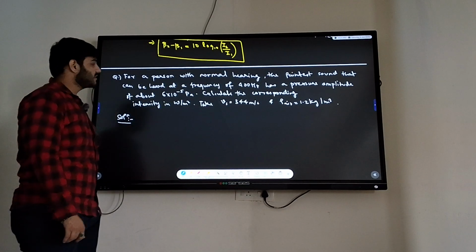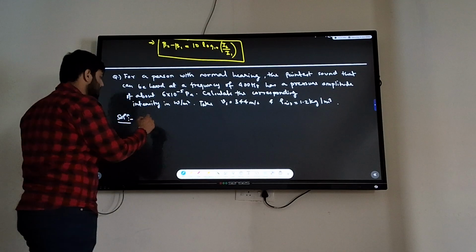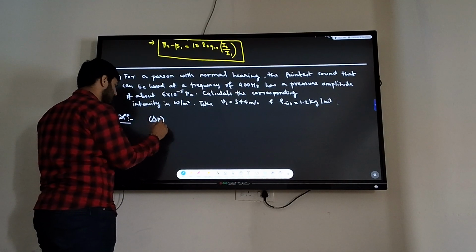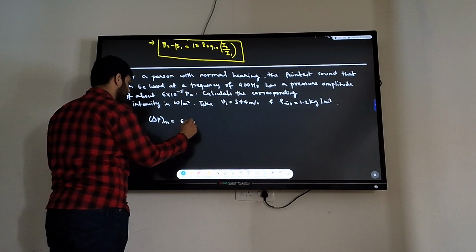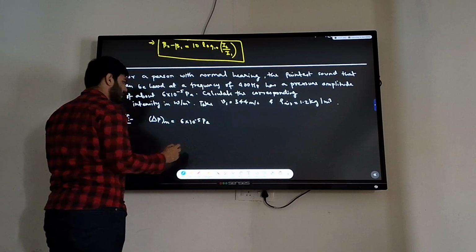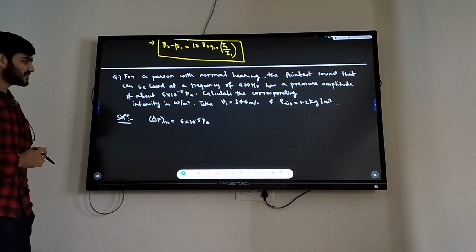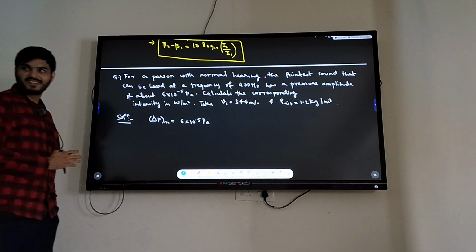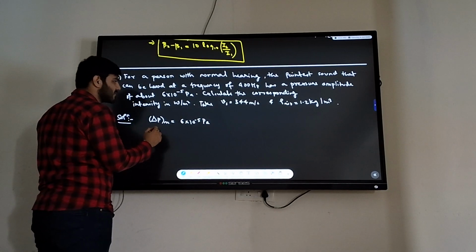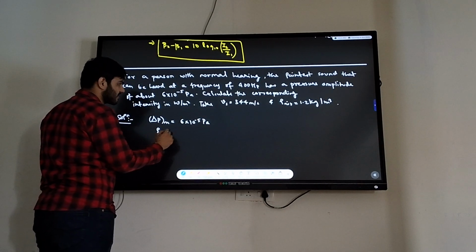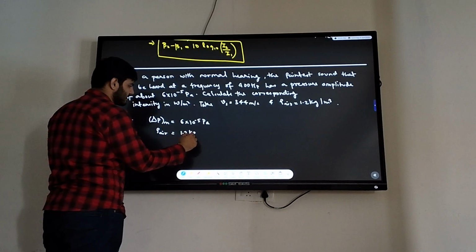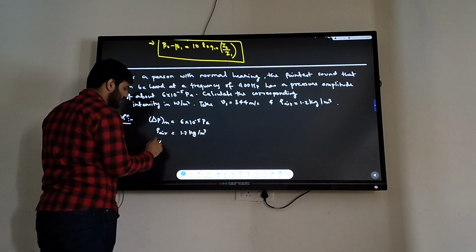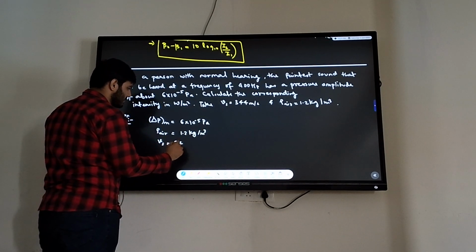You have to find the intensity and some information about delta P max is given: 6 into 10 power minus 5 pascal. How is it coming in decibels? The answer has to be found in watt per meter square. Then the density of air is given, I think, 1.2, and then the velocity of sound is given.